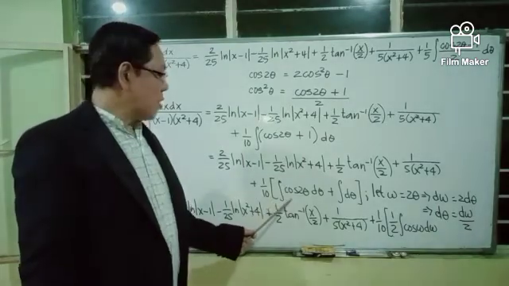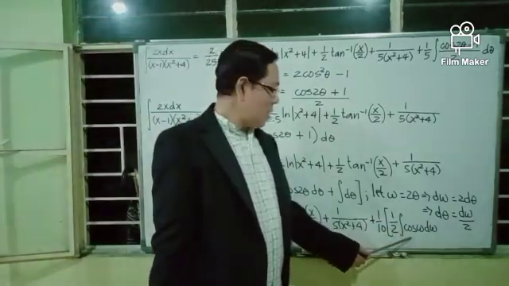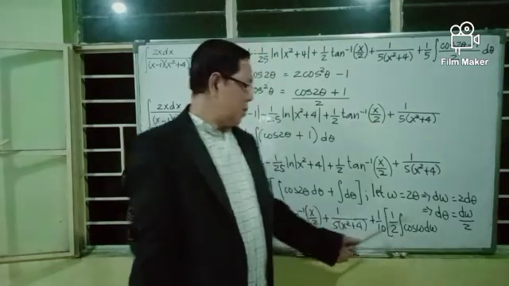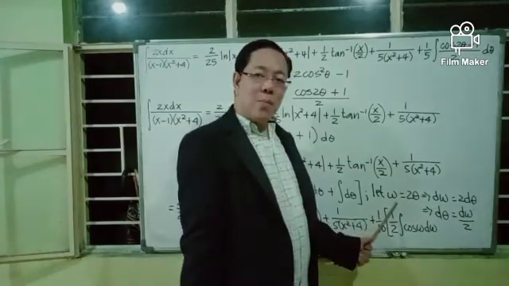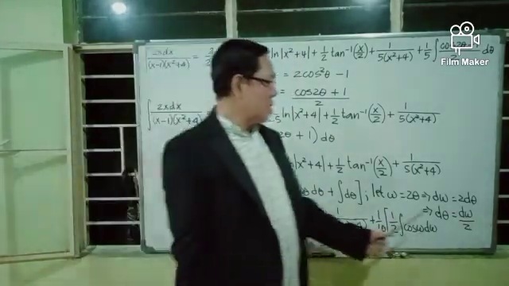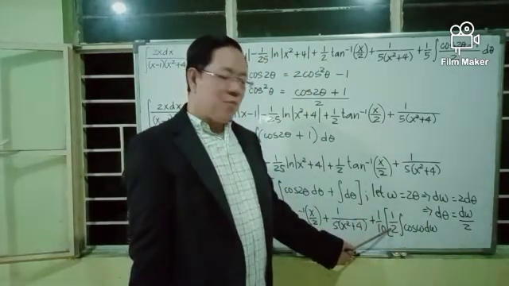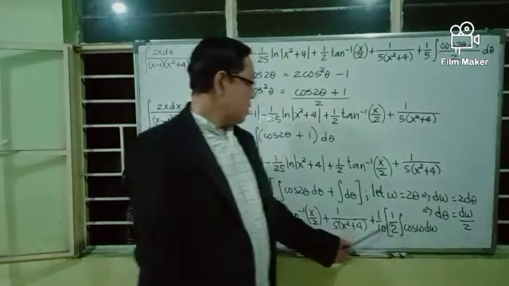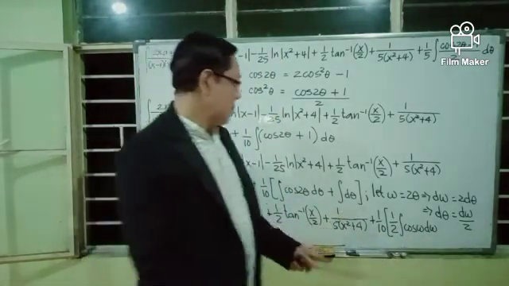The integral of cosine 2 theta d theta is equal to 1/2 times the integral of cosine w dw, where 2 theta is replaced with w, and d theta is replaced with dw over 2. That's why we have 1/2 in the coefficient of this integral. And the integral of d theta is theta.